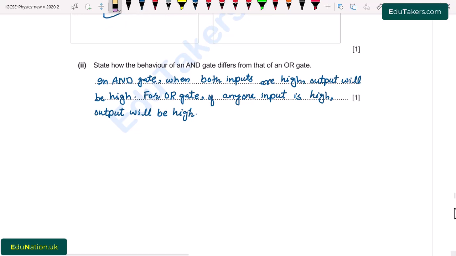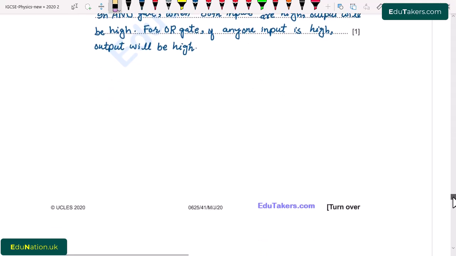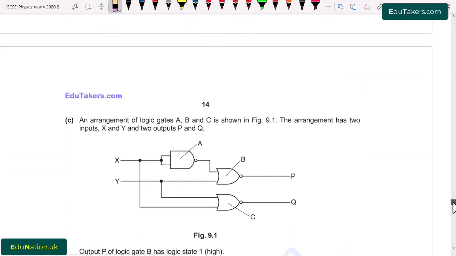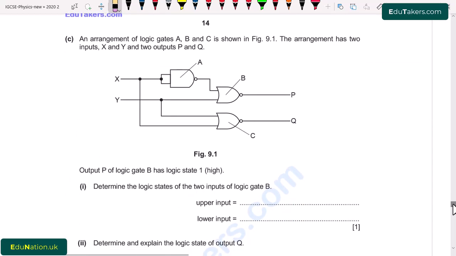Moving towards the other part of this question. Part C. Here you can see there is a circuit. An arrangement of logic gates A, B and C is shown in figure 9.1.